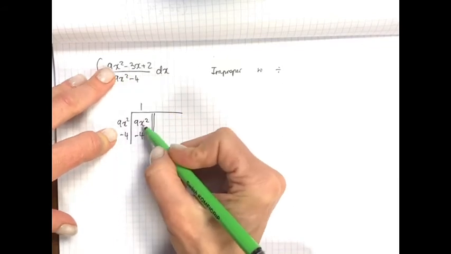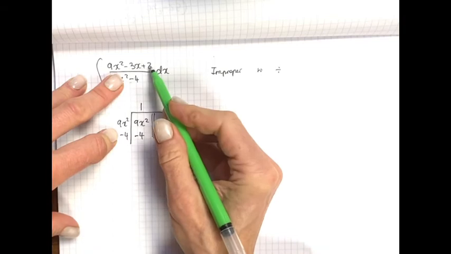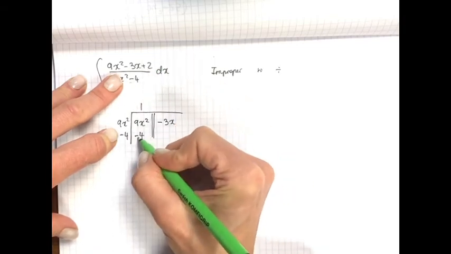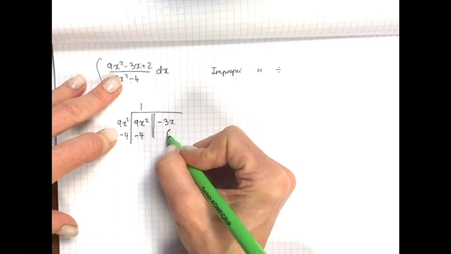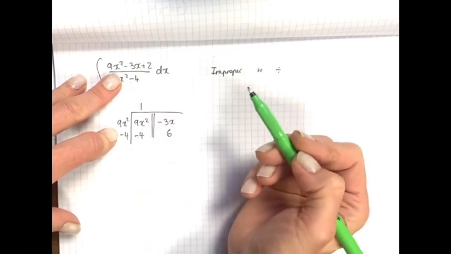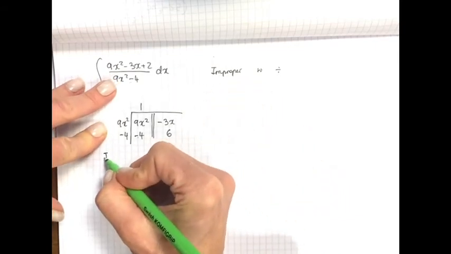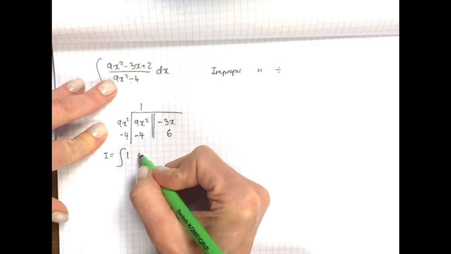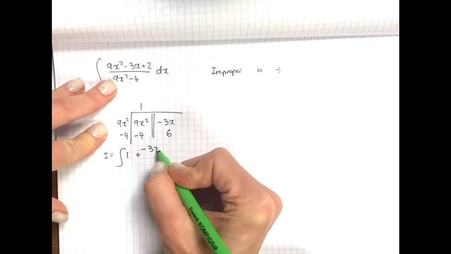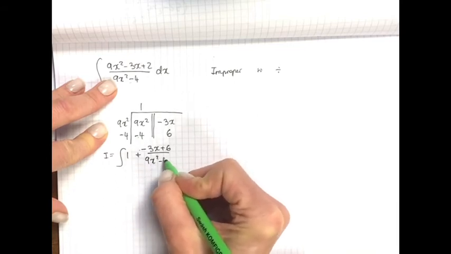So you've got 9x squared, we need to give it minus 3x, and altogether we want the numbers to add up to positive 2. So we've got minus 4 at the moment, so we need to add 6 to that, so everything adds up to our numerator. So our integral is going to be 1, and then the remainder, so it's plus minus 3x plus 6 over 9x squared minus 4.